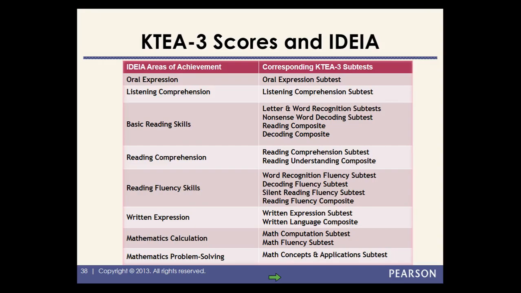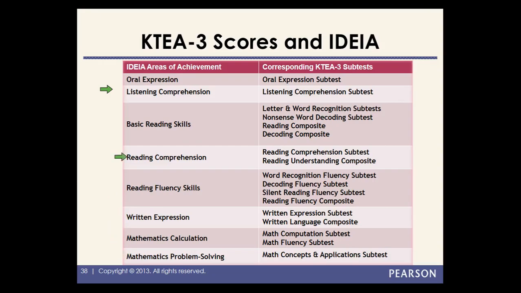I did say that we were going to look a little bit at the KTEA-3 scores and IDEIA. So I do have them listed here in a little chart, looking at the areas of achievement. In order to qualify a child for learning disability, we're looking at the areas that are here on the left, and we have listed each of the areas of achievement.